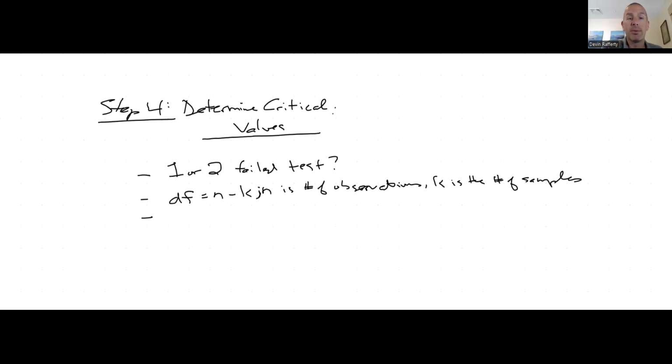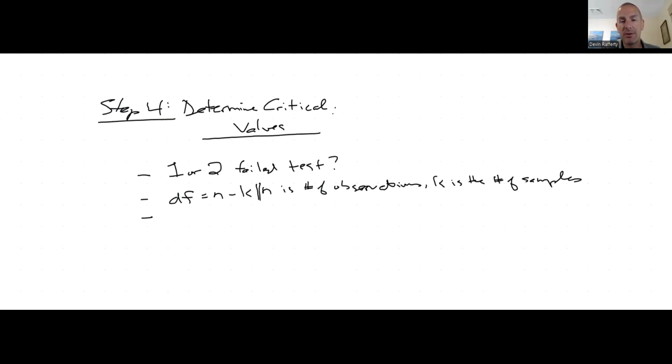K is the number of samples. Currently, we are doing 1 sample hypothesis testing, so that means we are doing n minus 1. N is the number of observations. So let's say you look at 6 different stock prices. That means that you have 6 observations.